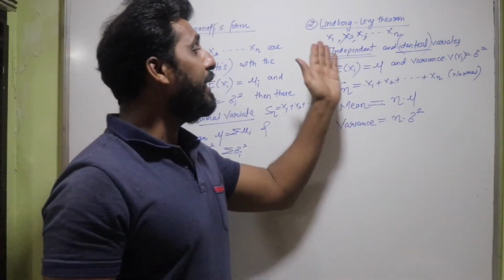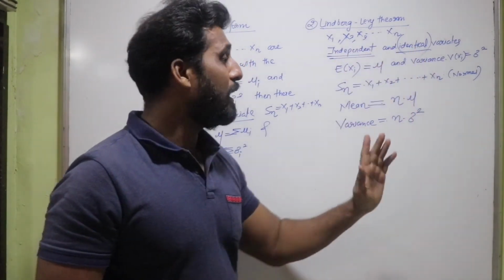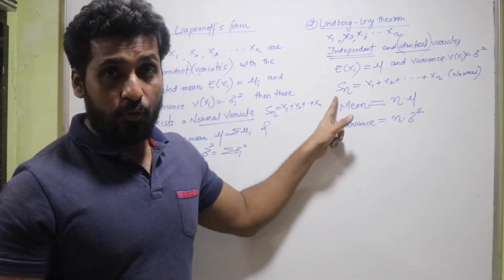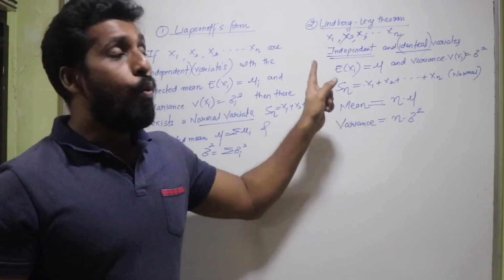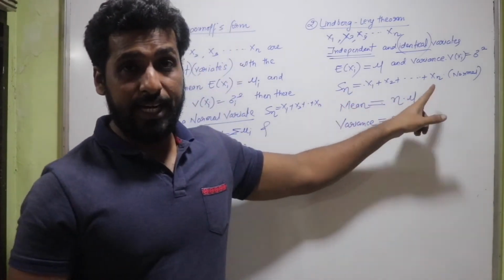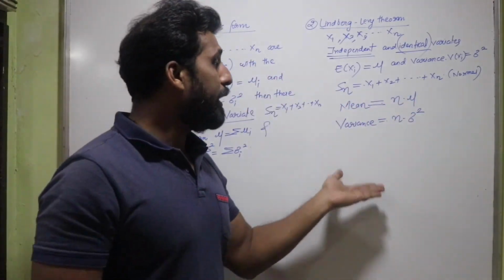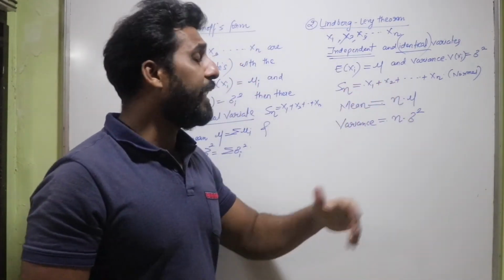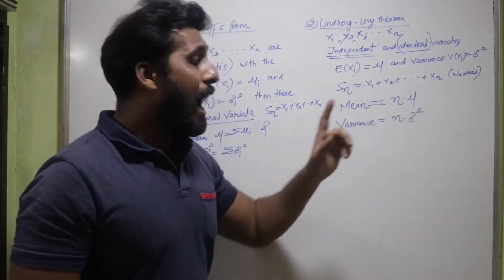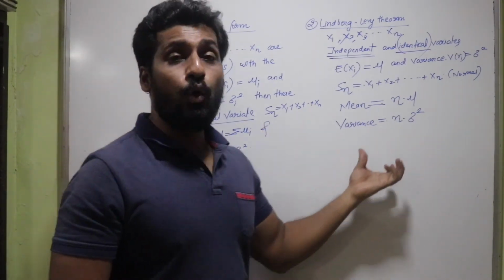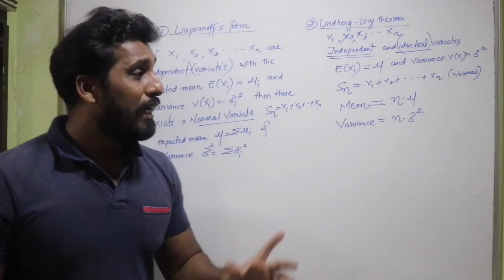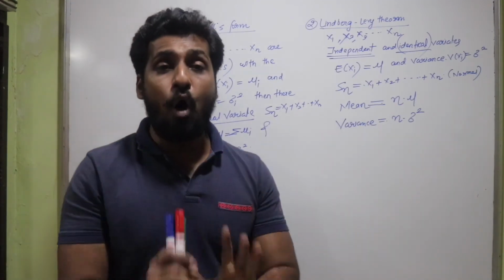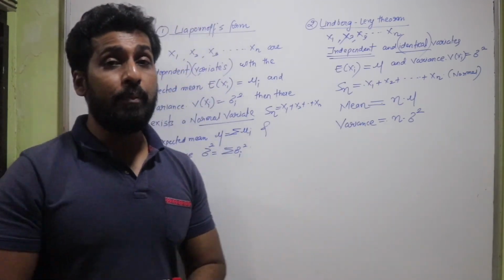So if you have independent and identical variates, then again you get a normal variate Sn, obtained by the sum of all the variates, but this time the mean is n mu and the variance is n into sigma square. So students, these are the two different forms of the central limit theorem.